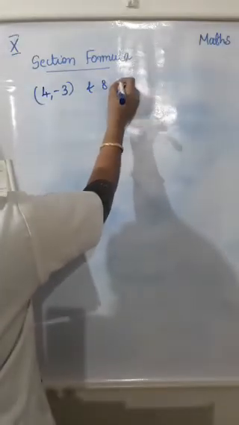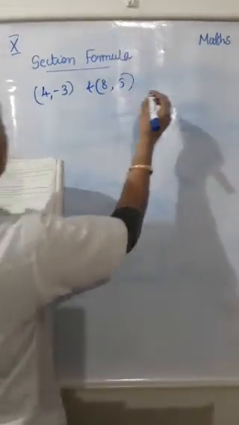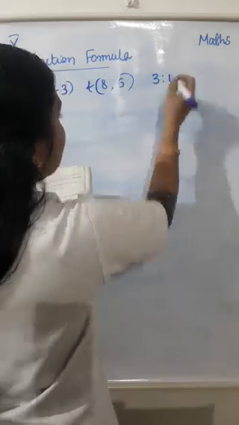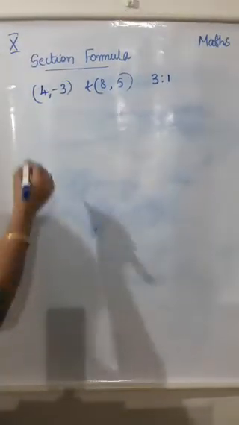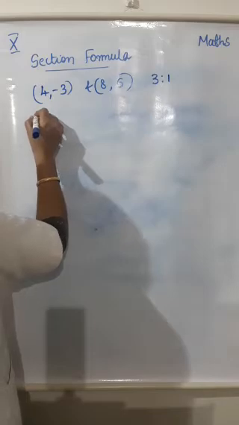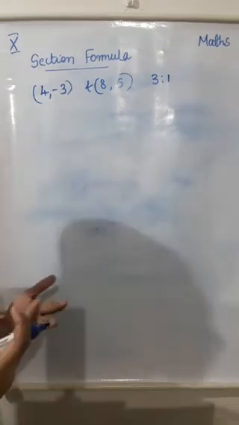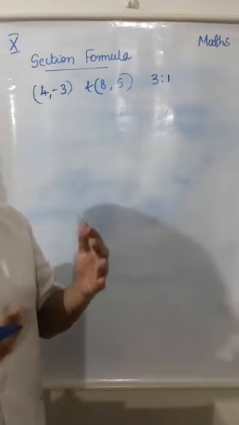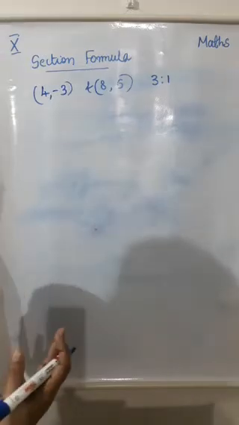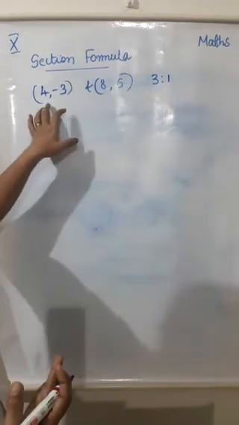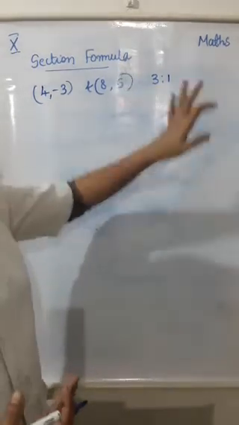What is the section formula? We need to find the point P (x, y) which divides the line segment joining these points in the ratio 3:1.